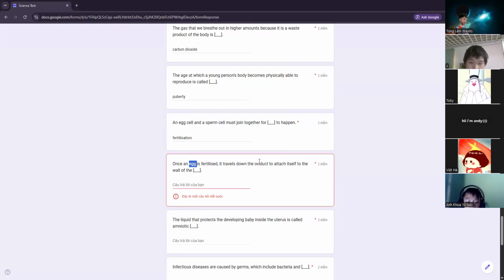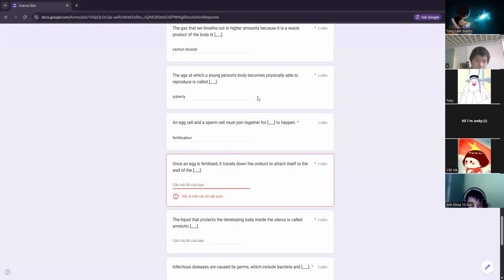Anyways, once an egg is fertilized, it travels down the oviduct to attach itself to the what? Would anyone like to answer this? Anyone? Alright, this question is also a tiny bit hard.